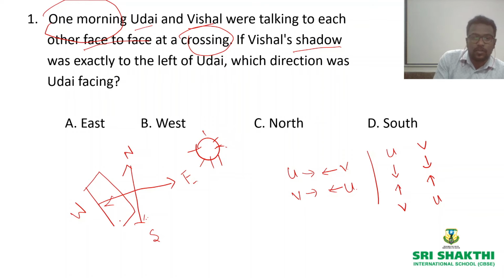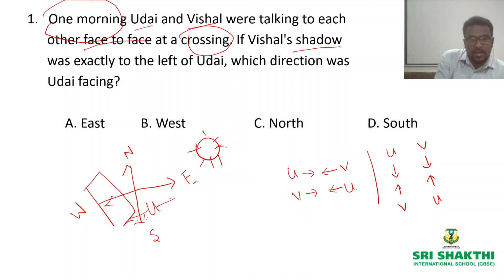So if the shadow falls on the west direction, with the help of the second hint we can come to a conclusion. Vishal's shadow was exactly to the left of Uday. So which means Uday's left hand is facing the west direction.